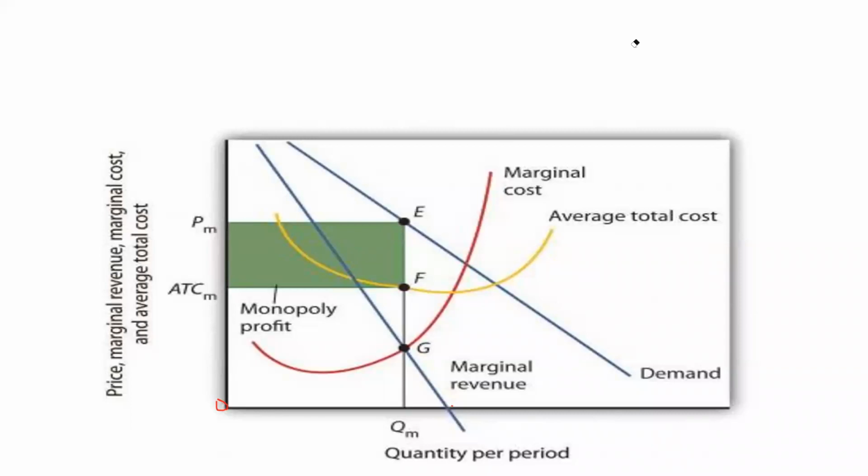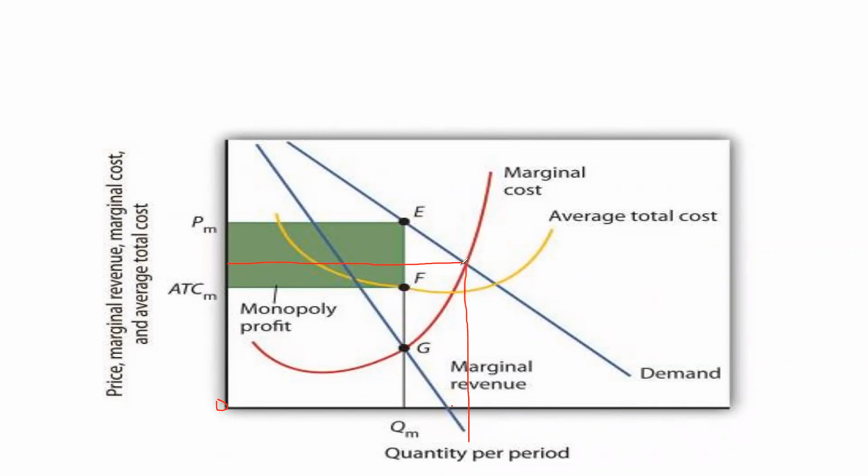MC's the supply curve. So I would go here and go across, and that's my perfectly competitive price. And this is my perfectly competitive quantity.